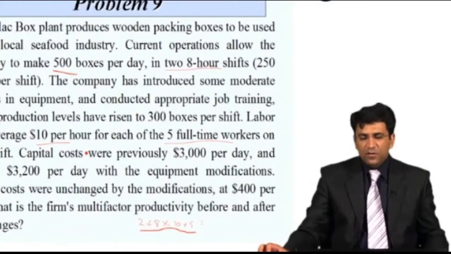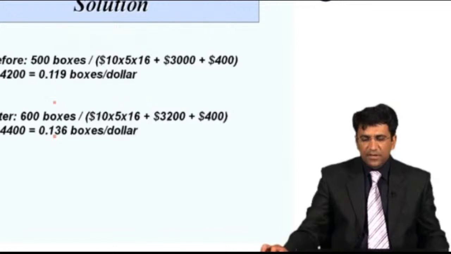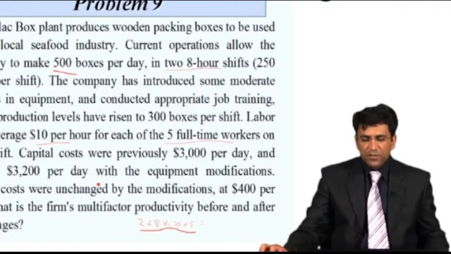So our old productivity will be equal to 500 divided by this value, plus the other inputs involved. As you can see, the capital cost is also involved, which is $3,000 per day before the equipment modification, and there is another cost, the energy cost, which is equal to 400.